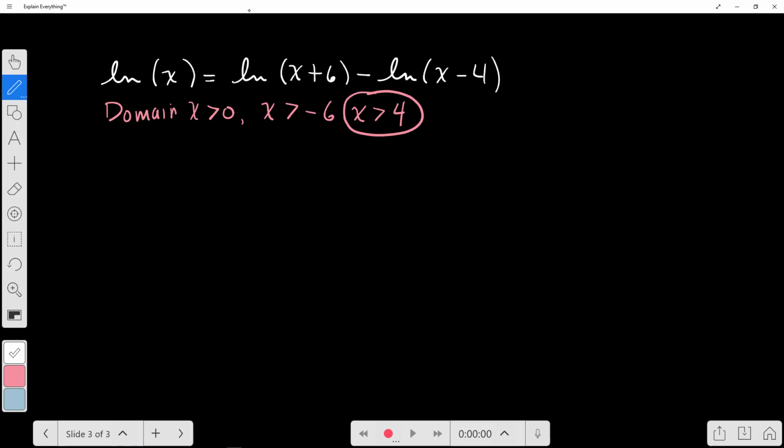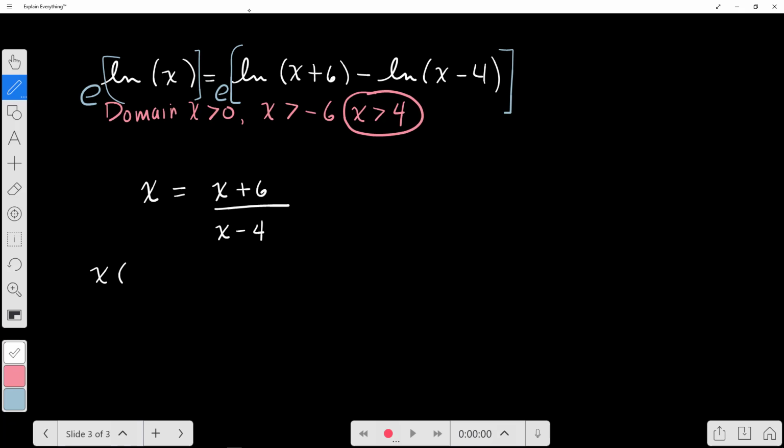I'm going to do the other thing where I did the 5s, but on this one I'm going to do e's. In other words, I take each side and do e to that power. Why am I doing e? Because that's my ln. I get x equals x plus 6 divided by x minus 4, because a difference of logs turns into a quotient.